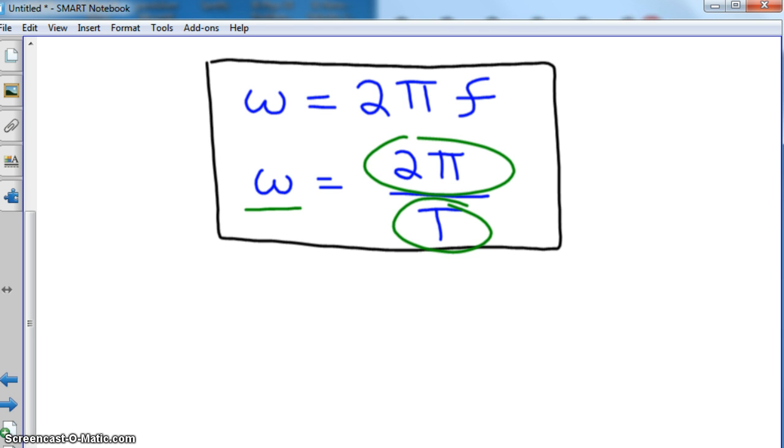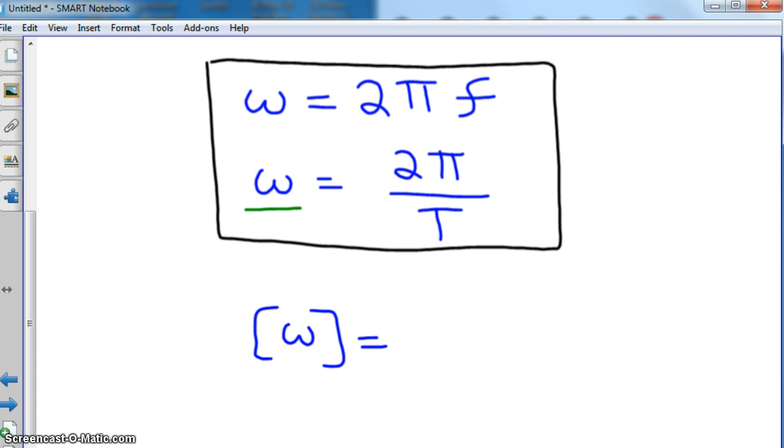So the angular frequency can be calculated using this equation, 2 pi radian per period. We don't write it in, but really the numerator is 2 pi radian. The unit for angular frequency is simply radians per second, or in IB language, radians times second to the -1.